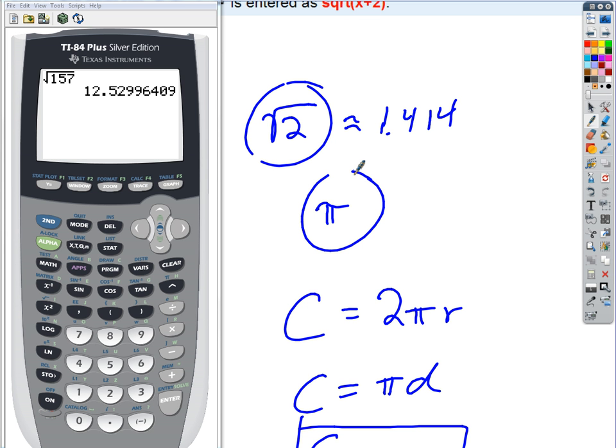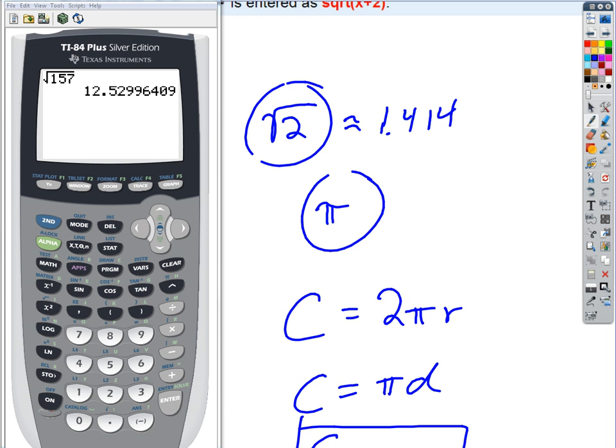People have looked at pi, not people, computers have looked at pi out to billions and billions of decimal places, and it is as expected. There's no pattern, it never stops, and it just goes forever.